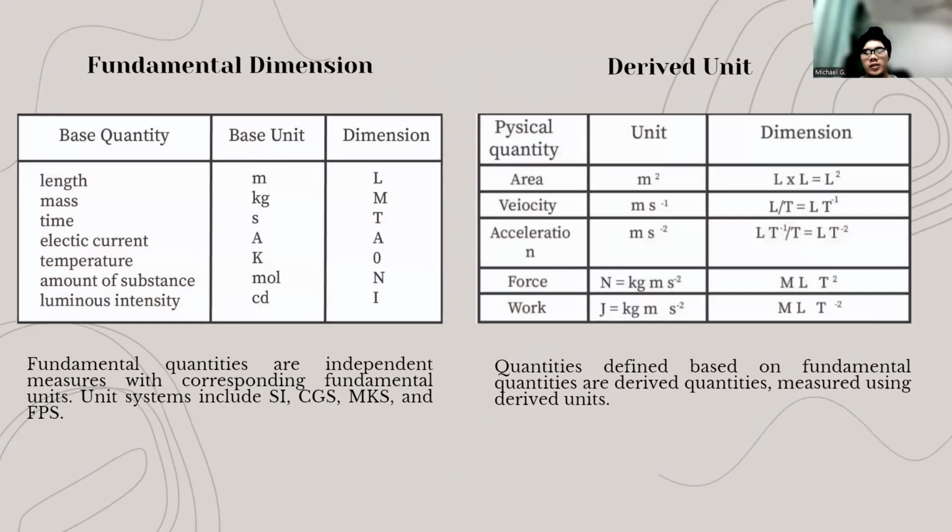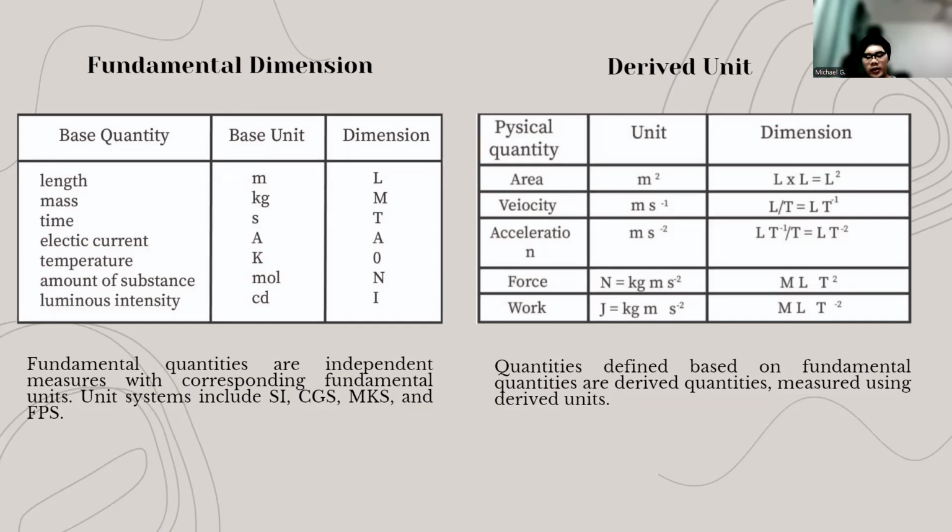In the dimensional analysis concept, there are fundamental dimensions and derived units. Fundamental dimensions: the quantities which are not dependent on some other quantities are called fundamental quantities. And the units which are basically used to measure these quantities are known as fundamental units.